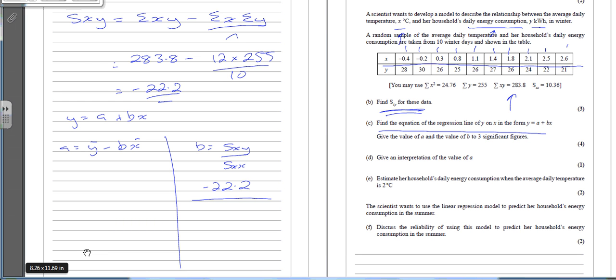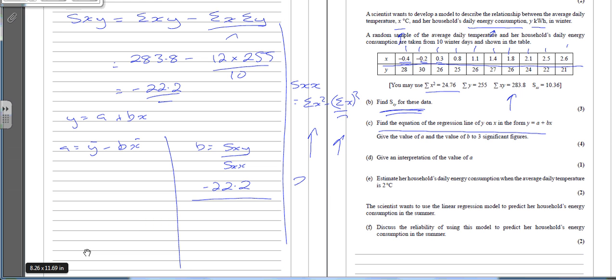Now, SXX is going to be, let me rewrite it here, the sum of x squared minus the sum of x, squared, over n. Now, these two things here, the sum of x squared and the sum of x, squared, are not the same thing. The sum of x squared means that you square this value, square this value, square this value, and then add them all together.